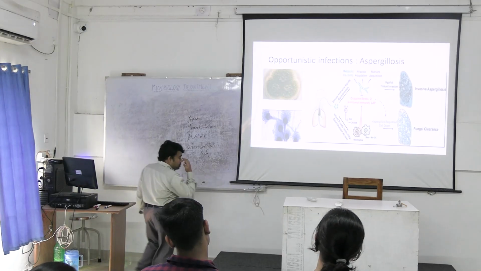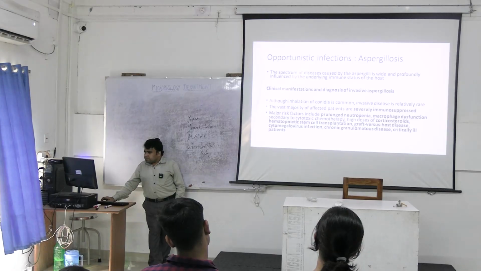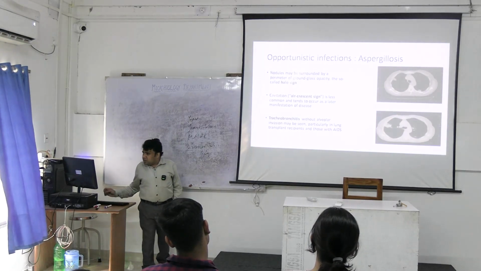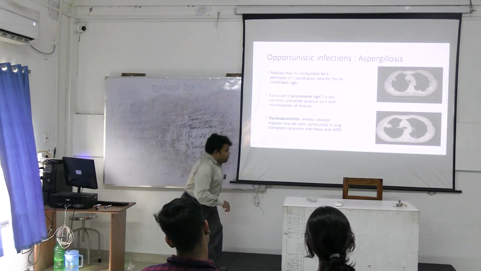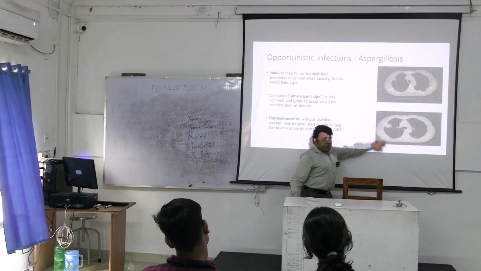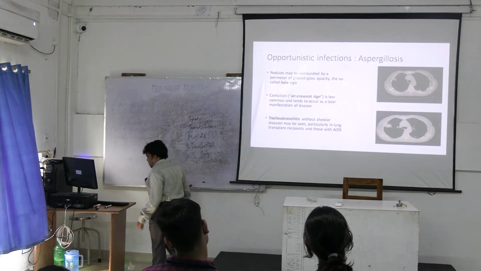So that is the formation of pulmonary aspergillosis. Other manifestations: if you look at the radiological picture over here in the CT scan, you can find this is the particular area which is affected. There are many signs like the halo sign, reverse halo sign, and crescent sign; these can be seen.